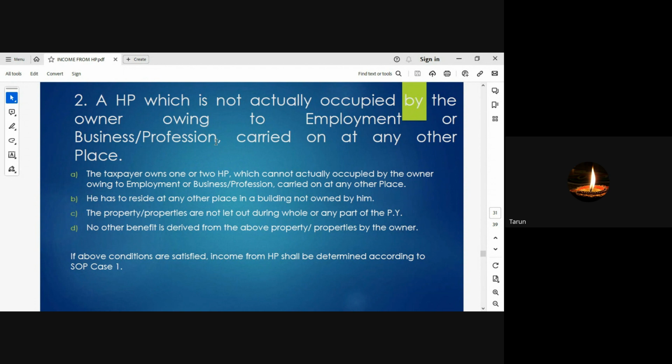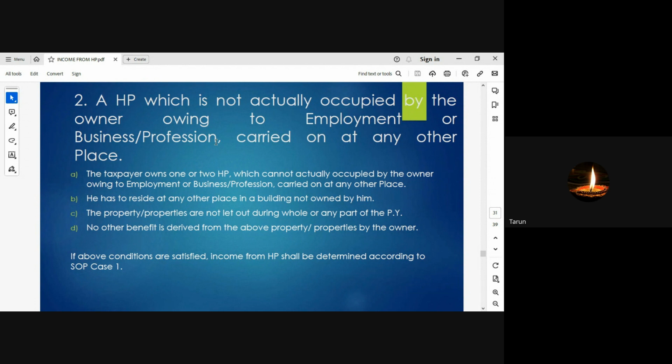These are the points to be considered. The taxpayer owns one or two house properties which cannot be actually occupied by the owner owing to employment or business carried on elsewhere. Whatever tax would be chargeable, the owner has to pay. He has to reside at another place, in a building not owned by him.